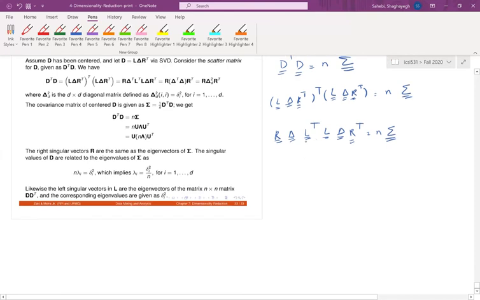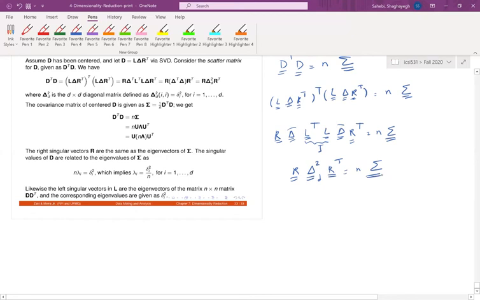Now, L transpose L is I because we have orthonormal vectors. Also, delta multiplied by delta is a diagonal matrix where the values on the diagonal are delta squared. So we have R delta squared R transpose is equal to N sigma.